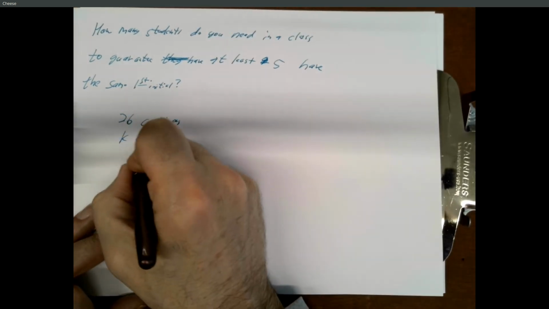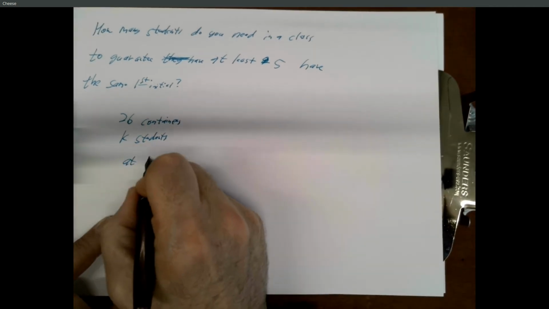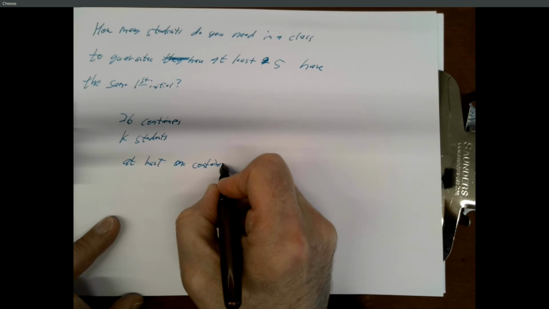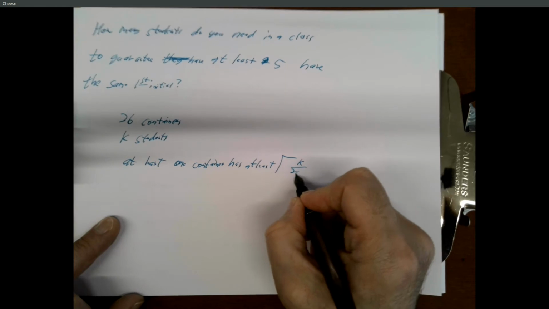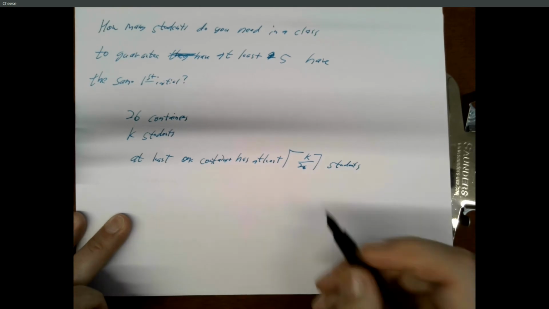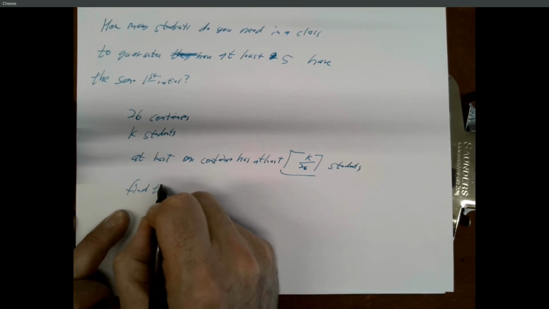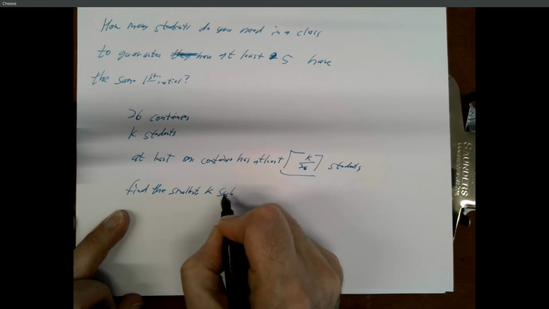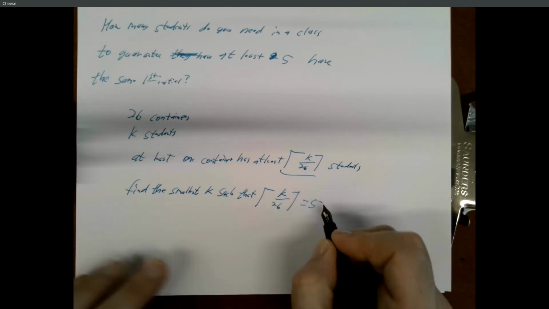And if you have k students, then the generalized pigeonhole principle says at least one container has at least ceiling k over 26 students. And we want this to be at least 5. So this is basically find the smallest k such that the ceiling of k over 26 is equal to 5.